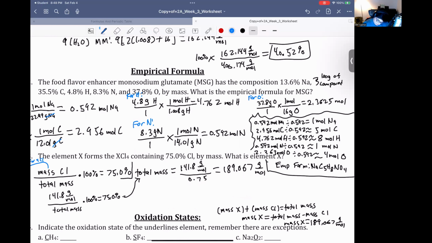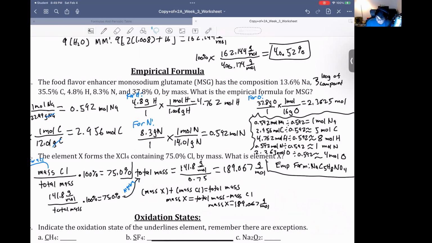I'll just note that's some algebra. So mass X is 189.067 minus 141.8 grams per mole.